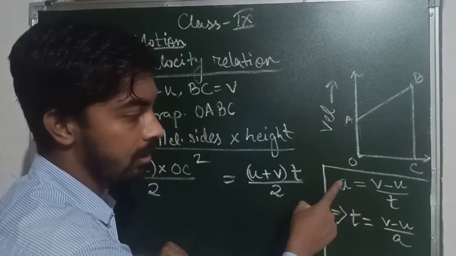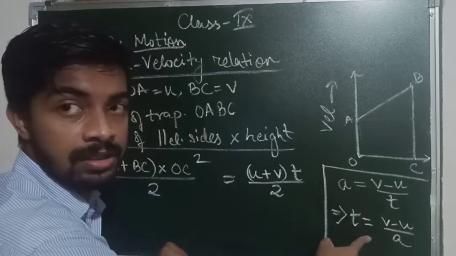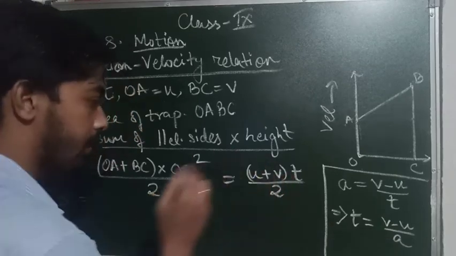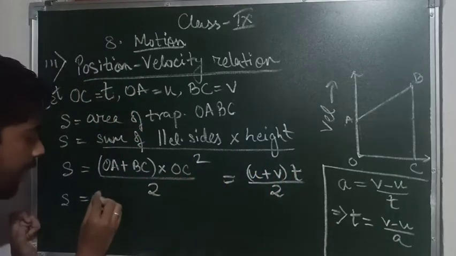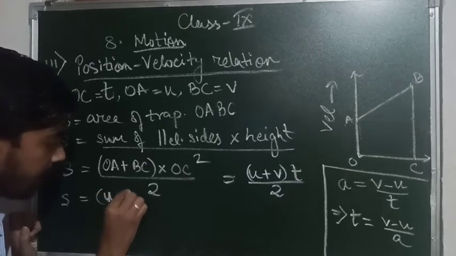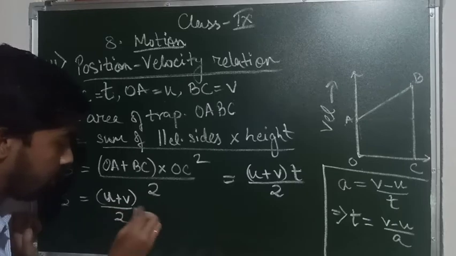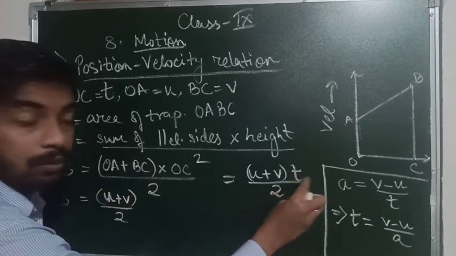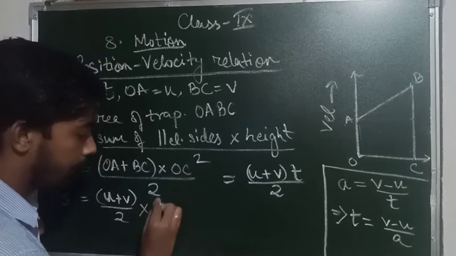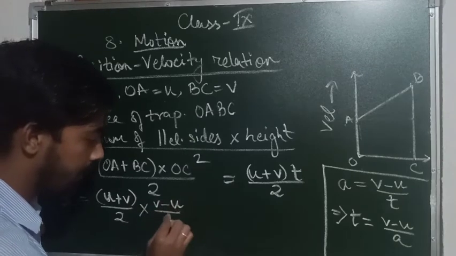T is coming here, then a comes here, we get this. So we'll be using this part instead of t. We'll substitute that. So we have u plus v by 2, and in place of t we will use this value, into v minus u by a.